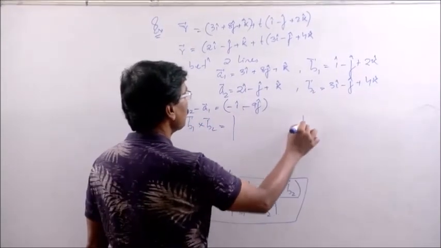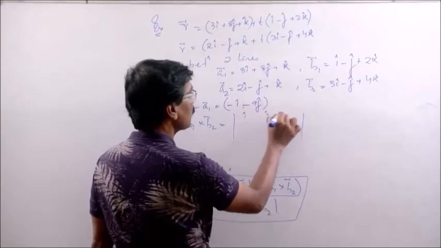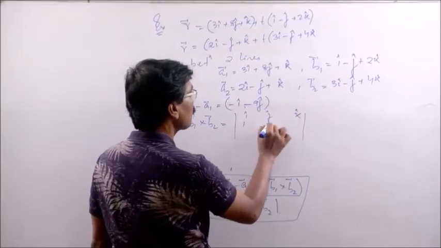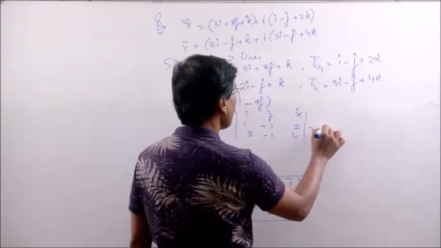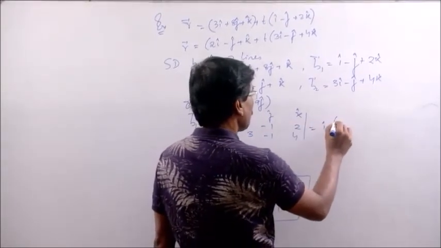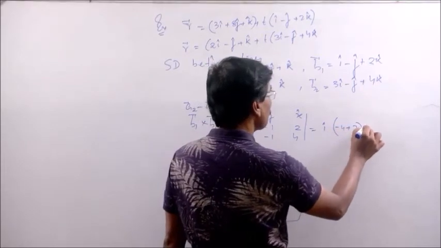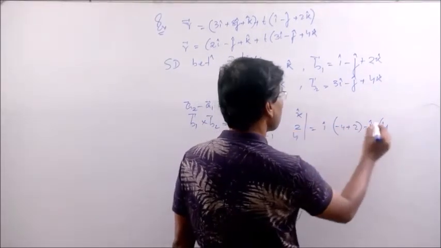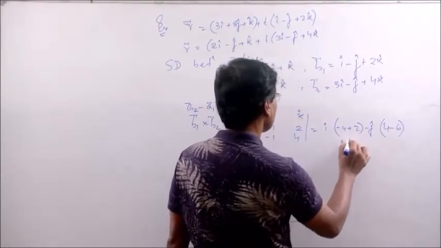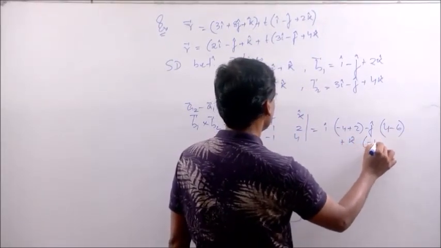is equal to determinant i j k, 1 minus 1 2, 3 minus 1 4, that is i cap into (minus 4 plus 2) minus j cap into (4 minus 6) plus k cap into (minus 1 plus 3).